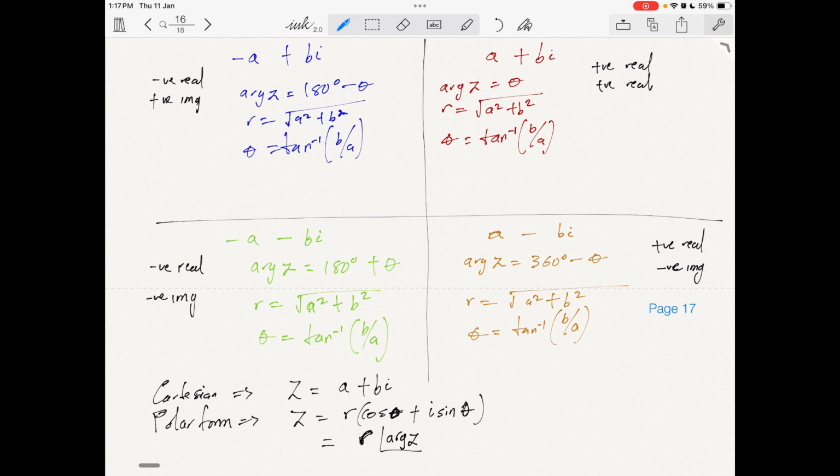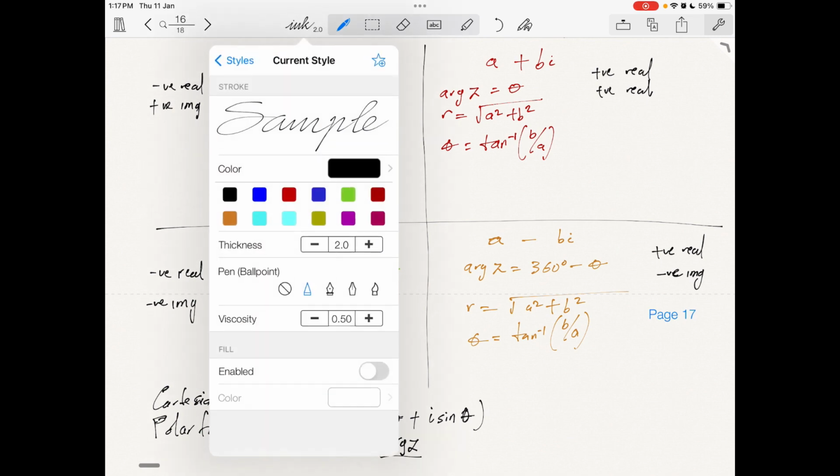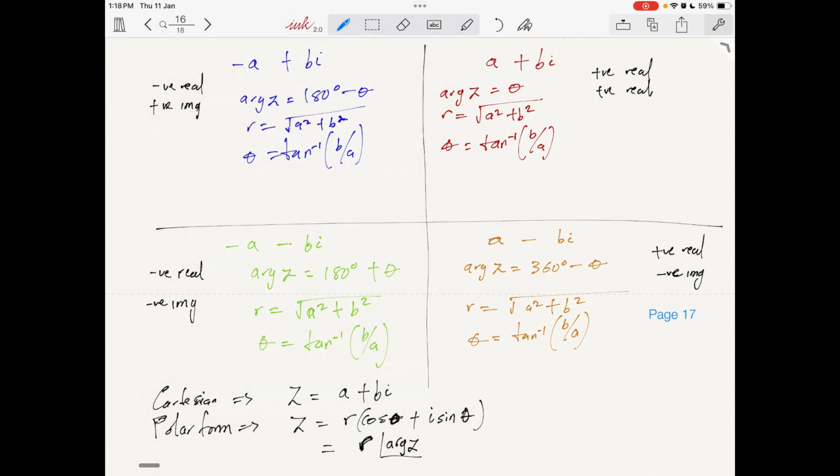Let's take a quick recap on what we've done so far. We dealt with a plus bi, minus a plus bi, minus a minus bi, and finally a minus bi.